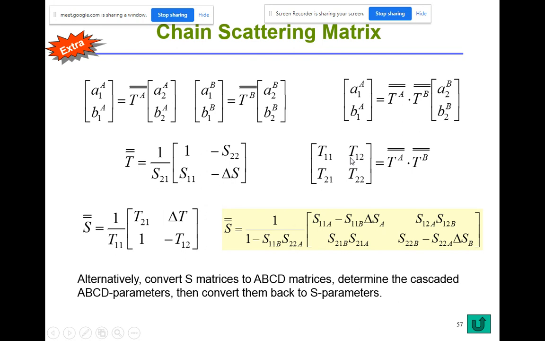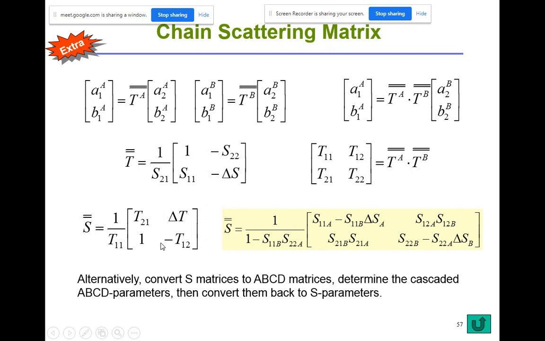All right. So finally, to find the overall T matrix, like the ABCD matrix, you just take the T matrix of A multiplied with the T matrix of B, and if you have multiple blocks, you just multiply with the T matrix of C and D and E and so on. So finally, you get the overall T matrix. After that, you can easily convert it back to the S matrix using this formula. 1 over T11 and so on.